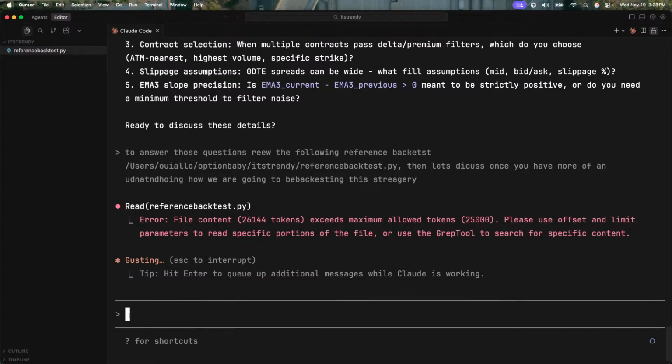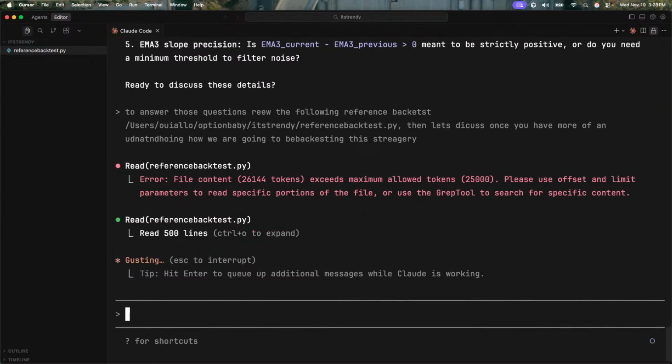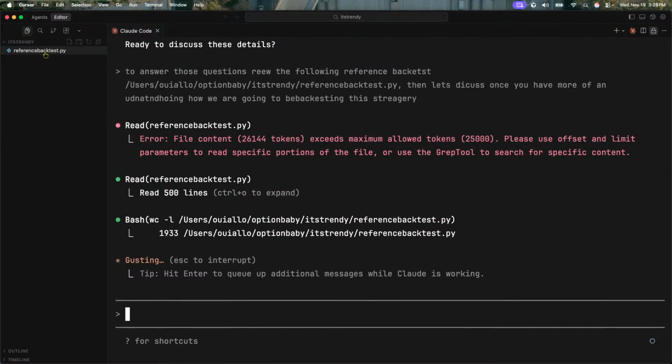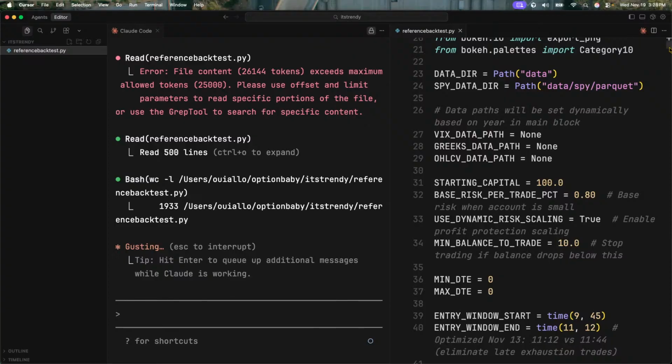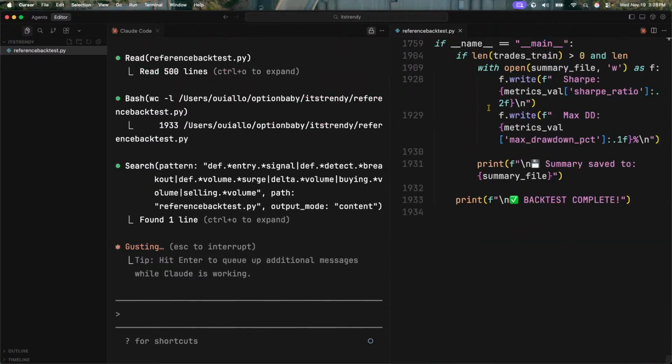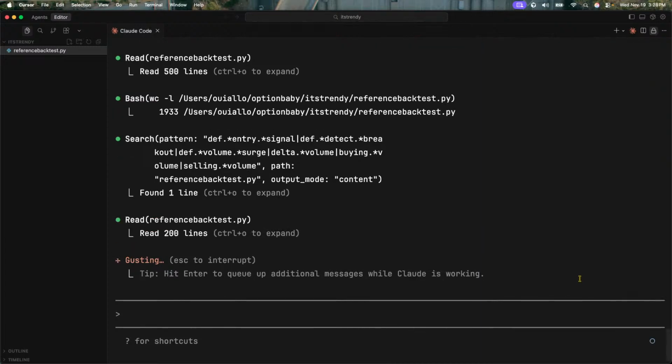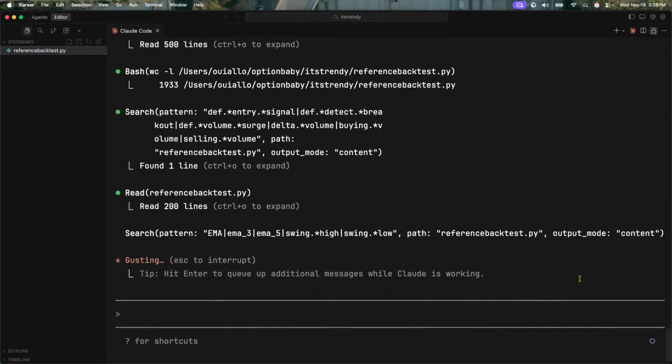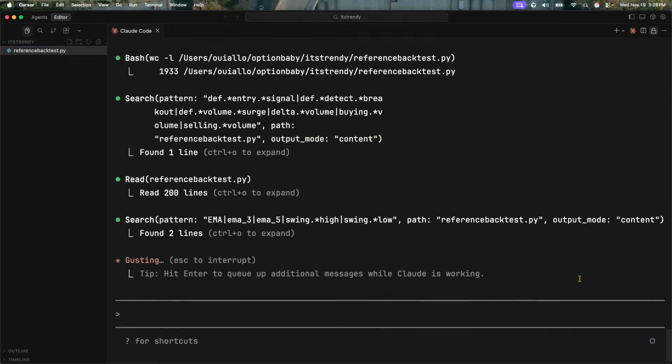Oh, here we go. It's 1900 lines of code. It's a long line of code, but there's no EMA. There's no SMA.